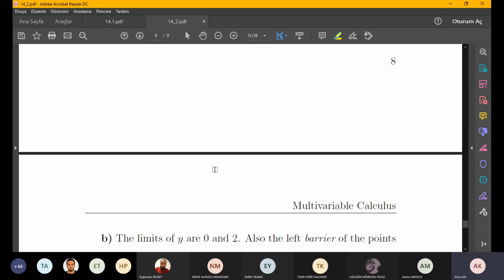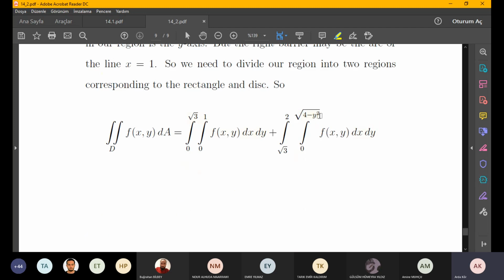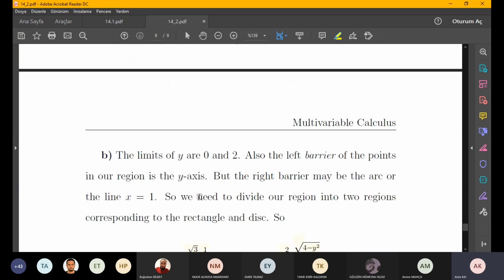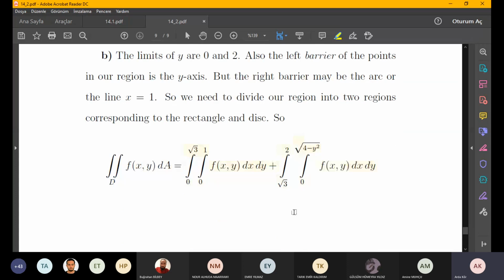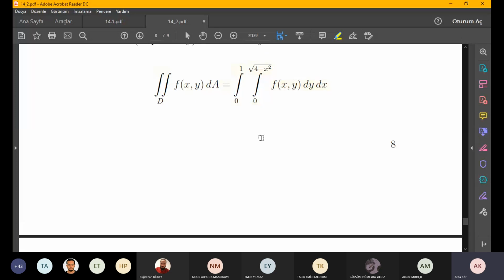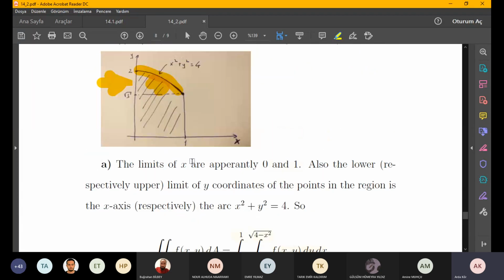So that is why you have to write here for an upper limit with respect to x equals square root of 4 minus y square. Of course, if you know f(x,y), after those two computations, you can see this one and this one are both the double integral of f(x,y) over that region D.